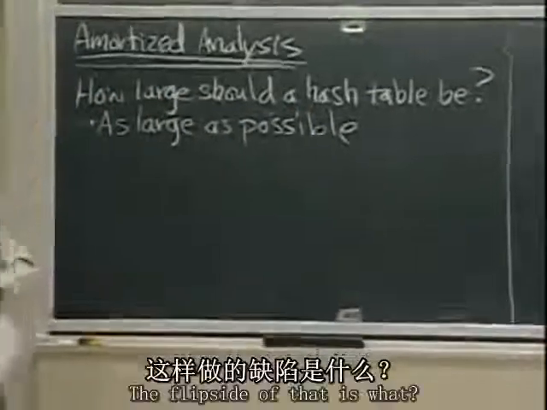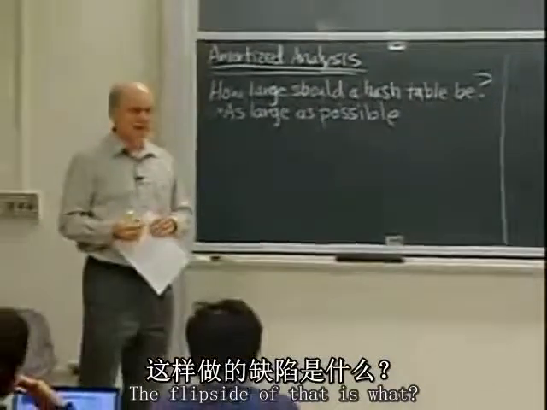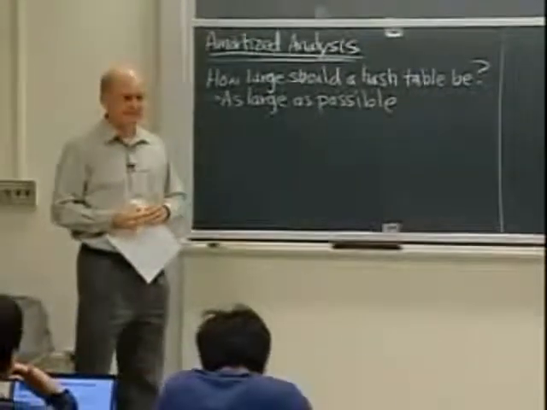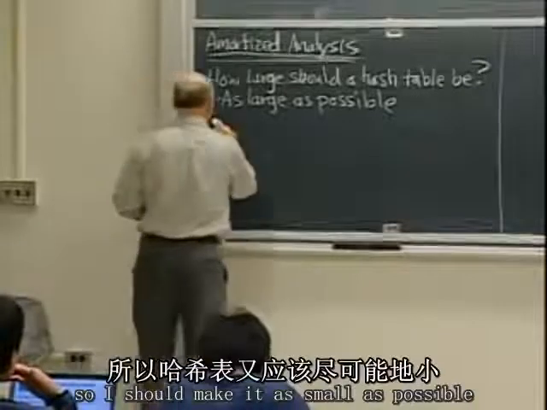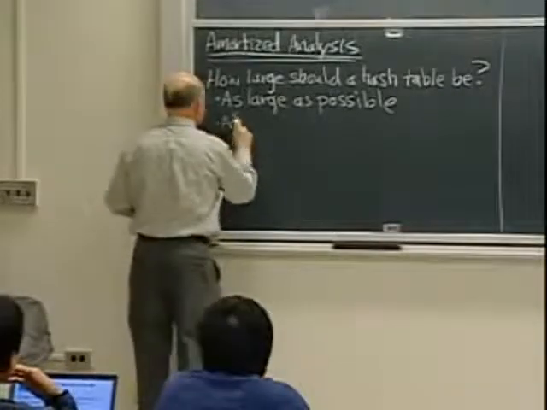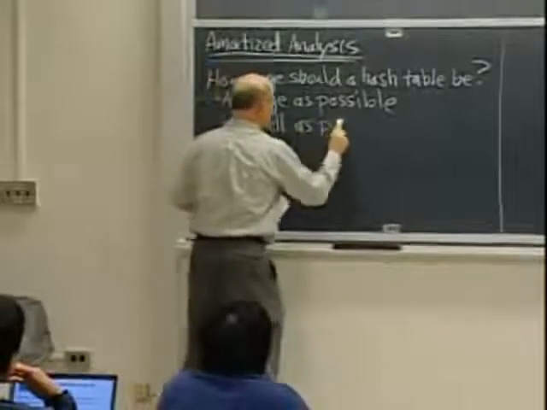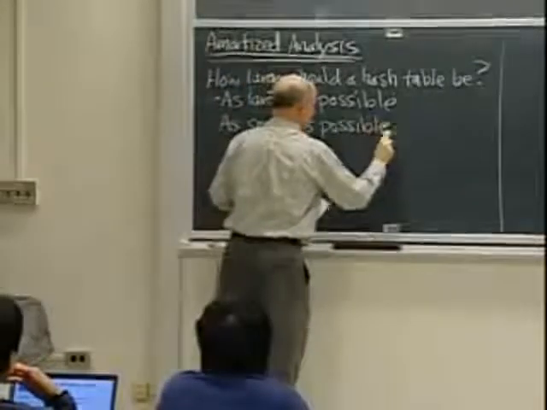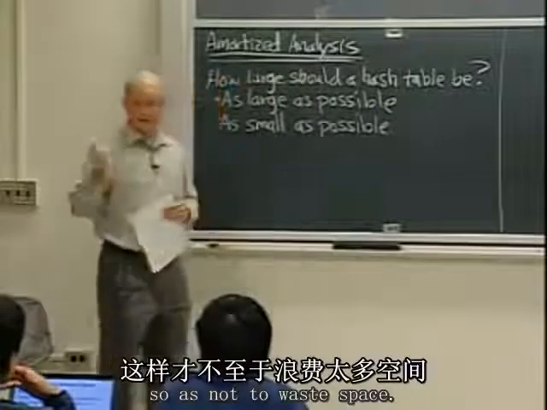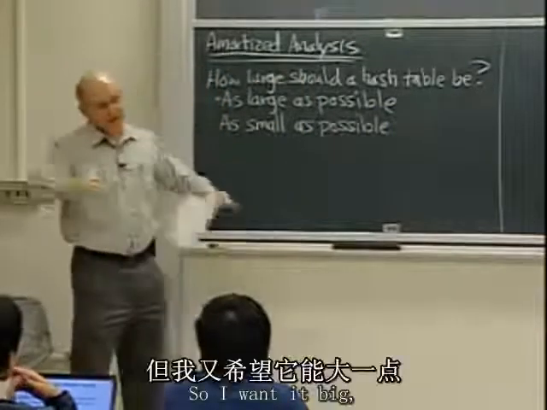Flip side of that is what? It takes a lot of space, so I should make it as small as possible, so as not to waste space. Okay, so I want it big.